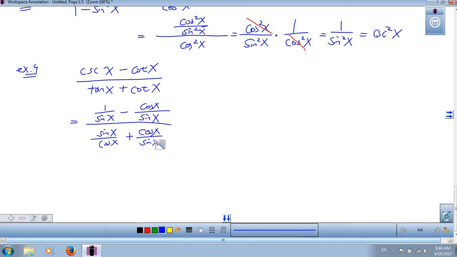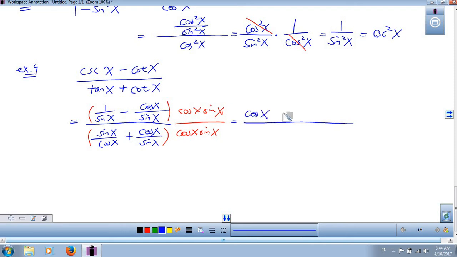So what we can do is to get rid of the denominators on top and the bottom. We can multiply by the least common denominator, cosine times sine, over cosine times sine. That way we will be able to get rid of all the denominators. Okay, so let's see what happens. Cosine times sine times 1 over sine is cosine.